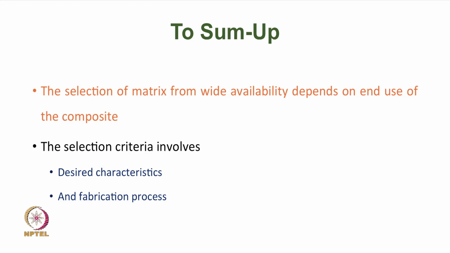So, in short, we can say the polymers which are used for matrix have a wide variety, so we can select the type of polymer based on our requirement. The selection is based on physical and mechanical properties of the product and fabrication process requirements.